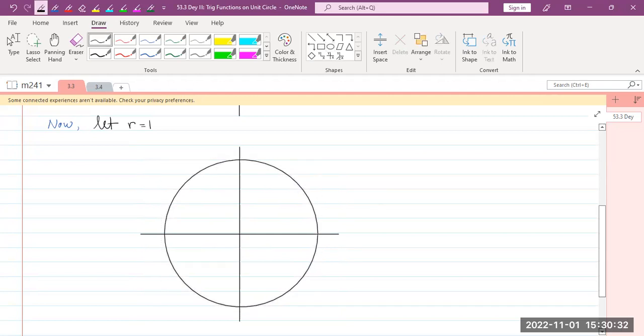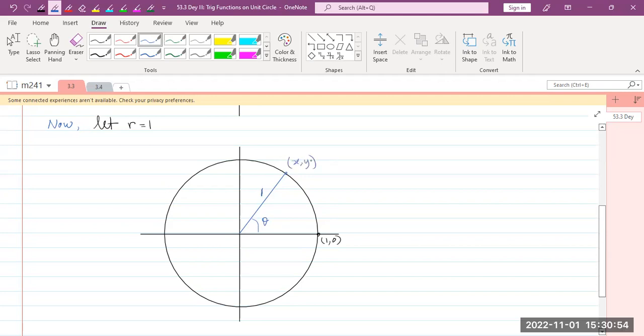So this is 1, 0. And we have a terminal side, central angle theta. Then the radius is 1. Now this coordinate is x comma y.